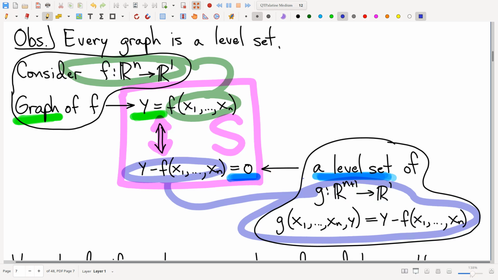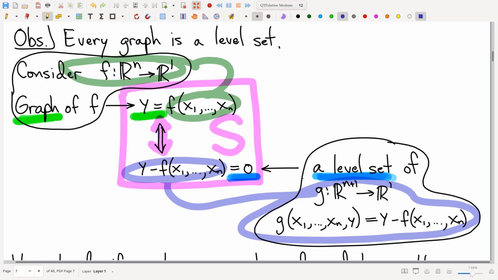what this means is that if you are looking at a graph, any graph, just kind of move terms around a little bit, reinterpret your equation as being a level set. Notice that it's now a level set of a different function, and this allows you to reinterpret something presented as a graph as instead being a level set.